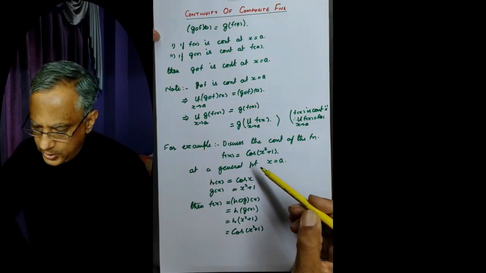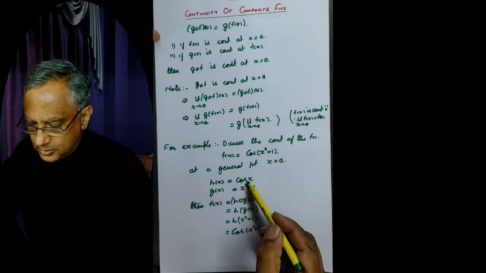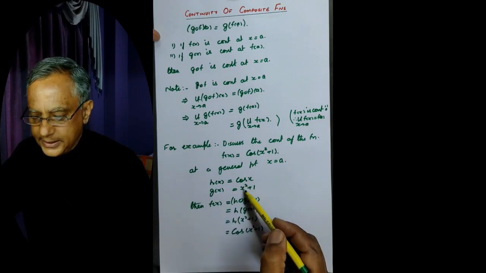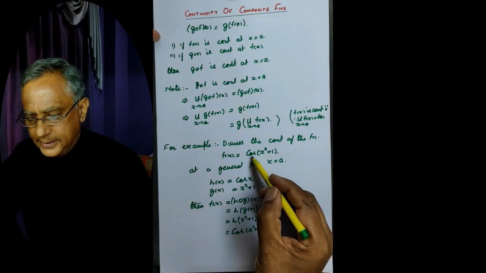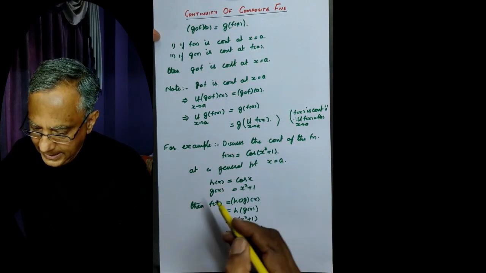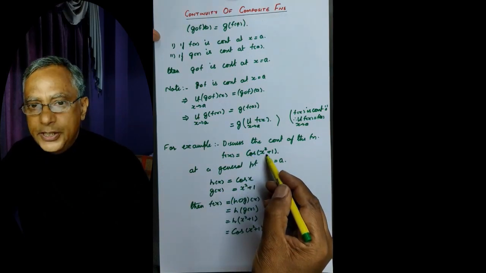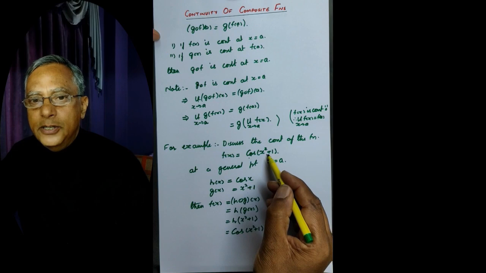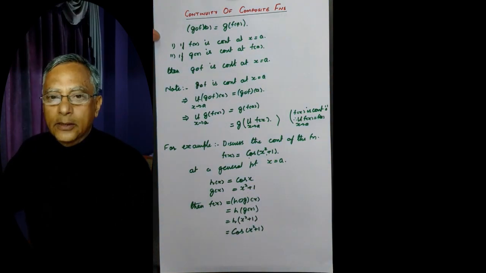So this function is a composite of h(x) equal to cos x and g(x) equal to x square plus 1, and we read this function as cos of (x square plus 1), h of g. So h will be this and g will be this.